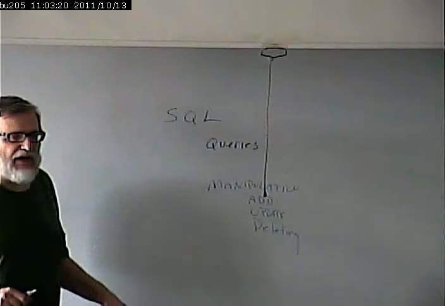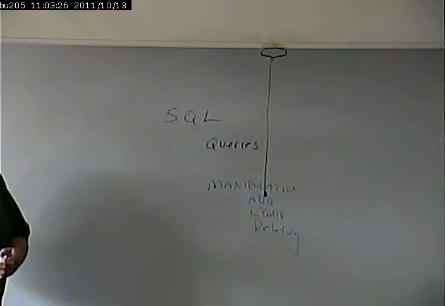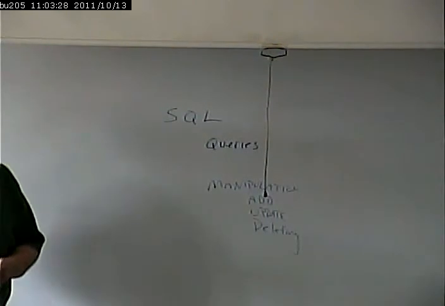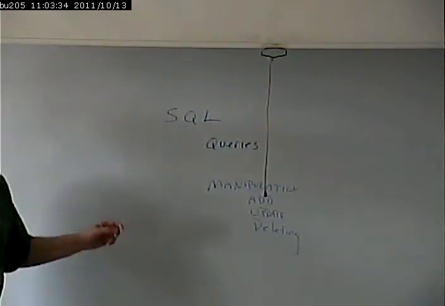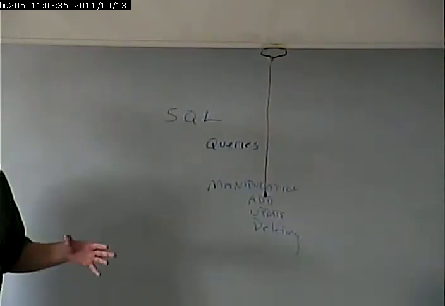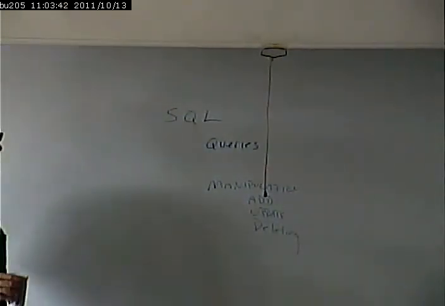All of these have a place in our web applications that we're going to build. Actually, probably the most complex one is the queries. Because with queries, we can combine the data any way we want to. All right? Virtually limitless, the different ways that we can combine the data in our tables.